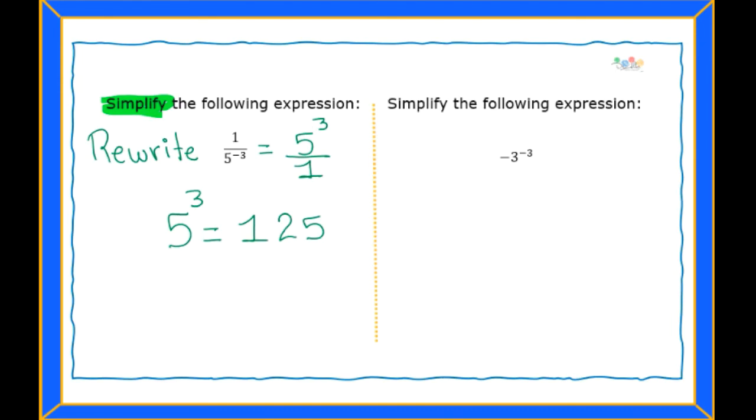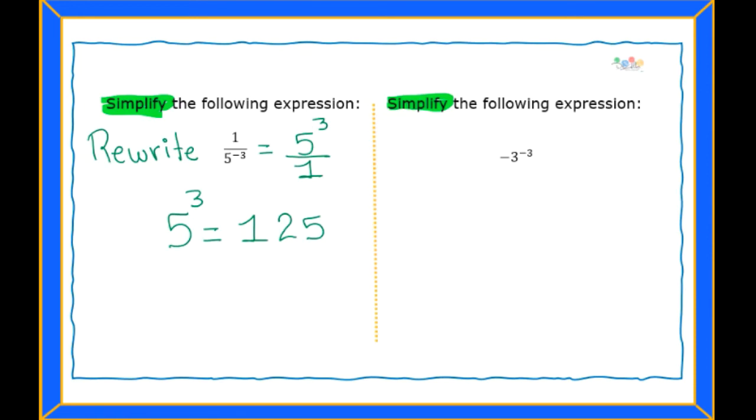Let's read the next problem. It says, simplify the following expression. The problem is negative 3 to the negative 3rd power.